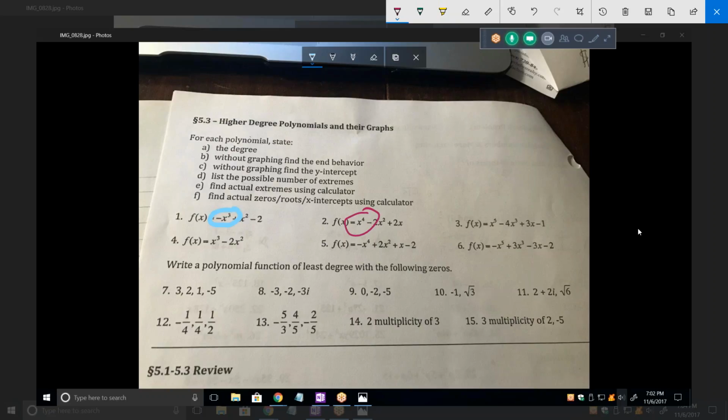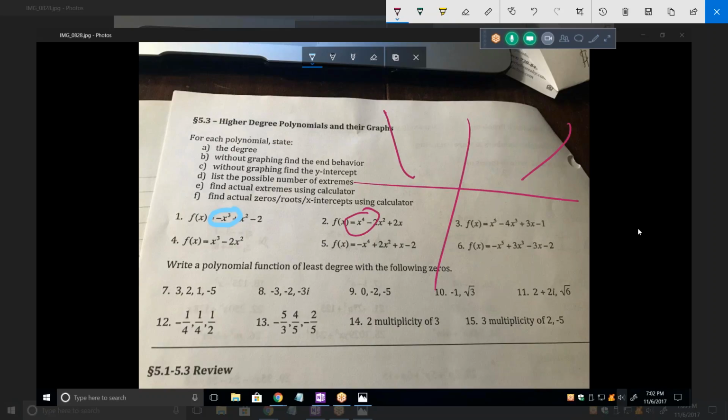So negative infinity to the 4th becomes positive infinity, so it comes down from the left, from positive infinity. And what about the right side? Would it still go up to the right? Exactly. And this is the feature of quartics.